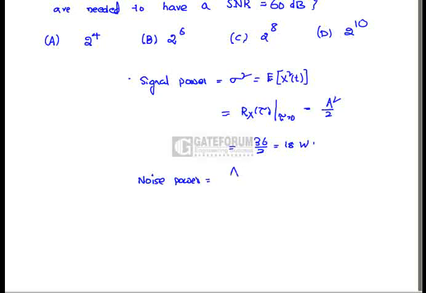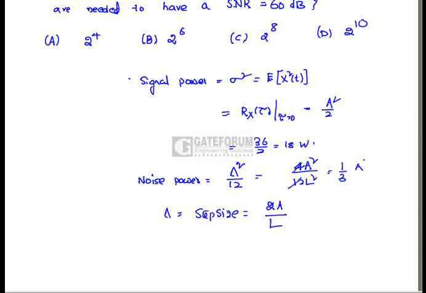is given as delta square by 12, where delta equals the step size, equals 2 times the peak value in magnitude divided by L, equals 4A square by 12 L square. L equals 2 power n, where n equals the number of bits.